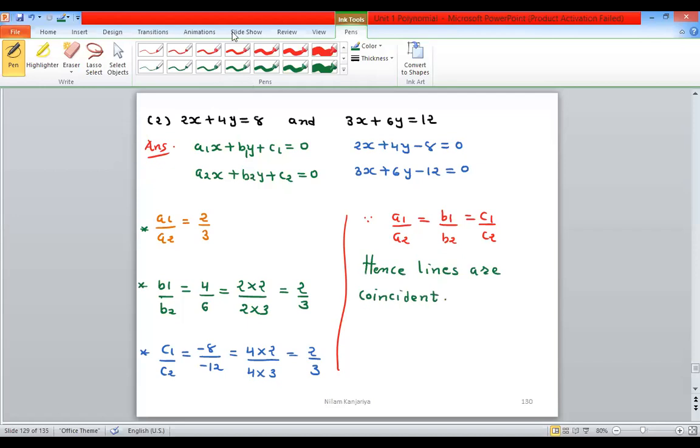If the lines are overlapping each other, that means you have infinitely many solutions. So it has infinitely many solutions. Students, you cleared? How can I check?